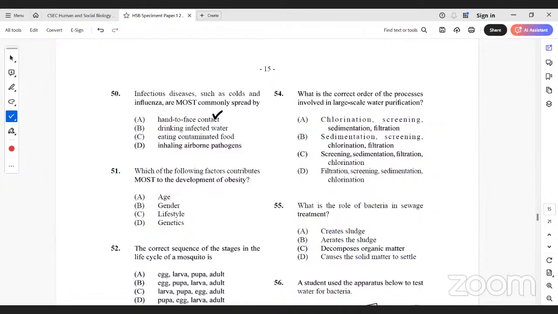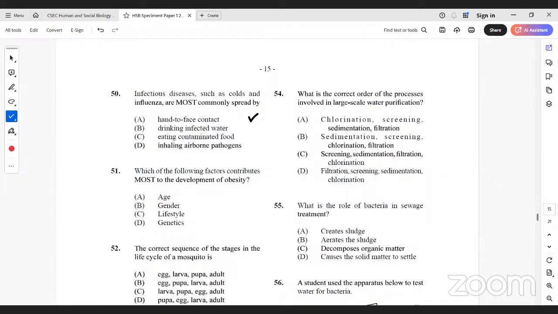Question 50. Infectious diseases such as colds and influenza are most commonly spread by... and I think everyone should know this, considering we just passed through a pandemic. How do you spread influenza? What do you do when someone comes and sneezes by you, or coughs on you?